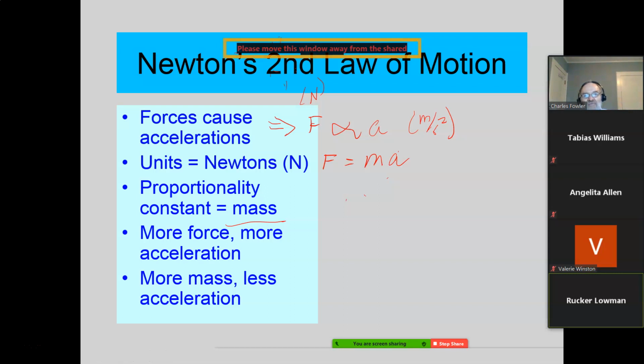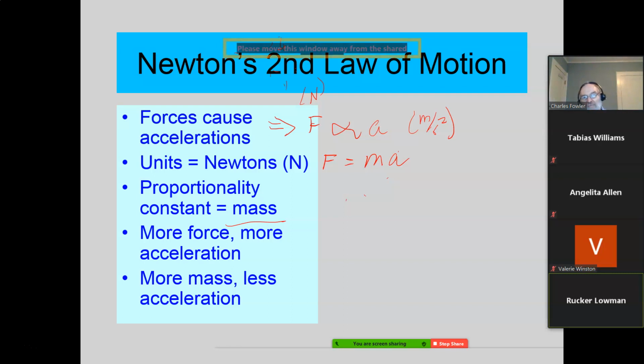Okay? Inversely proportional. If that bowling ball were rolling down the alley and I took my foot and kicked it to the side, it's going to hurt my foot, but it would make it go into the gutter. If I were to do the same thing to say a volleyball or basketball rolling down the alley, it wouldn't hurt my foot as much, but boy, the acceleration is going to be greater.